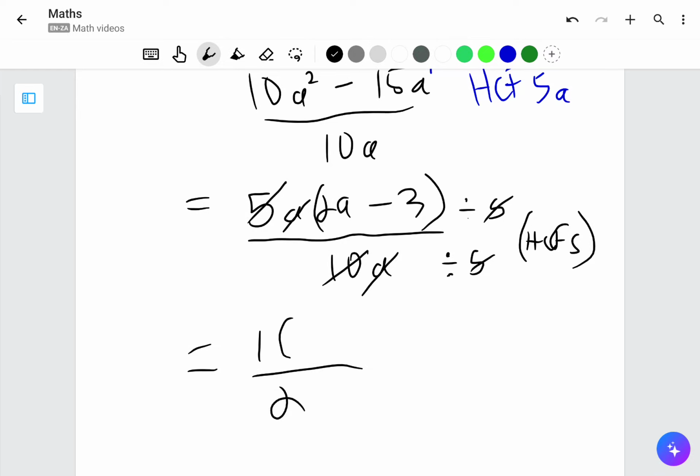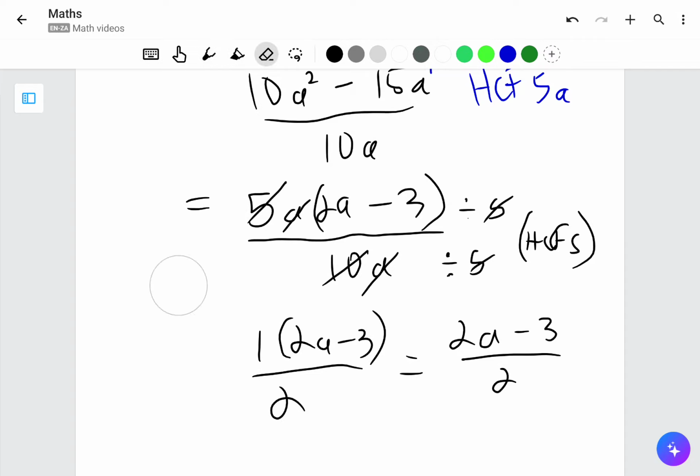What are you still left with? A 2a minus 3. You guys see that? You don't even have to write the 1. You can also write it as 2a minus 3 over 2. This is the same thing.